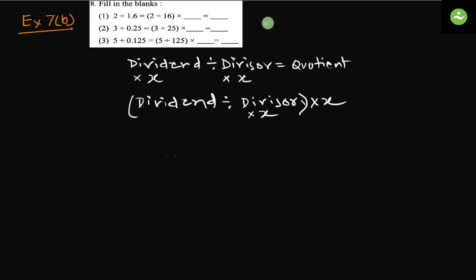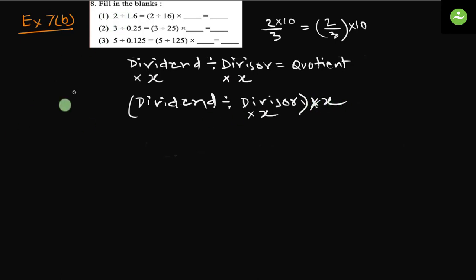For example, 2/3: you multiply 2 by 10 and divide by 3, or multiply 2/3 by 10, it is the same, no difference. So we can write dividend divided by divisor multiplied by x, and the whole quantity multiplied by x, is the same.